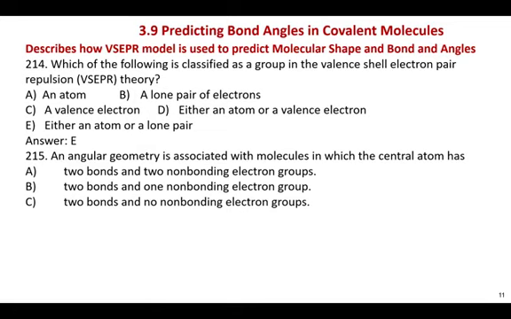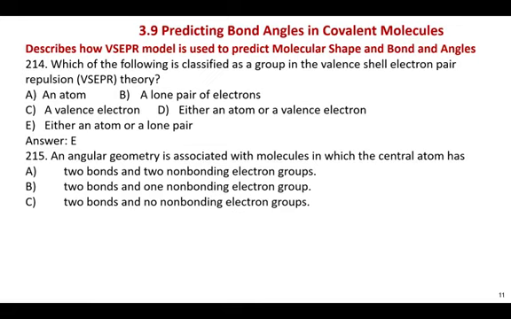Okay, I got it. If you have this lone pair, this is also two bonds, one non-bonding. That also has an angular shape.